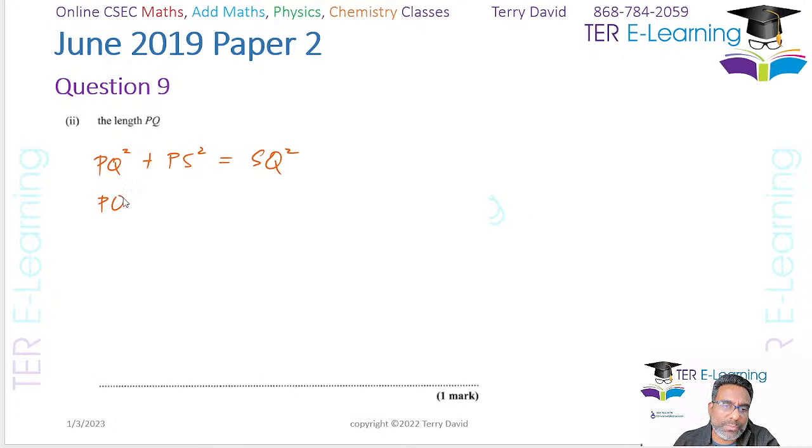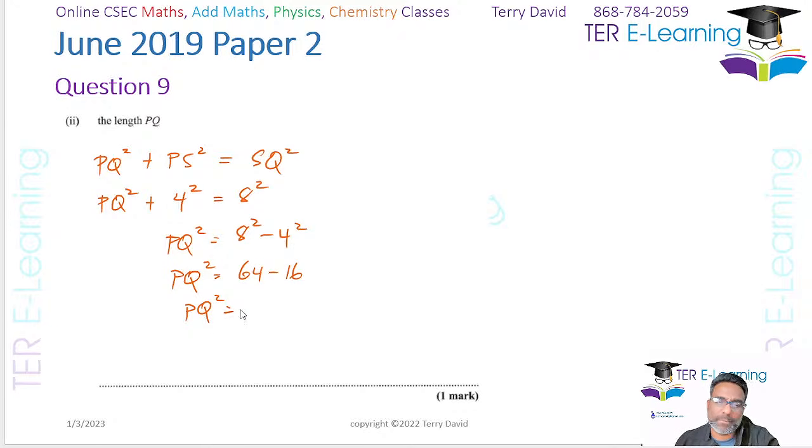So PQ squared plus 4 squared is equal to 8 squared. So PQ squared is equal to 8 squared minus 4 squared. That's 64 minus 16, which is 48.